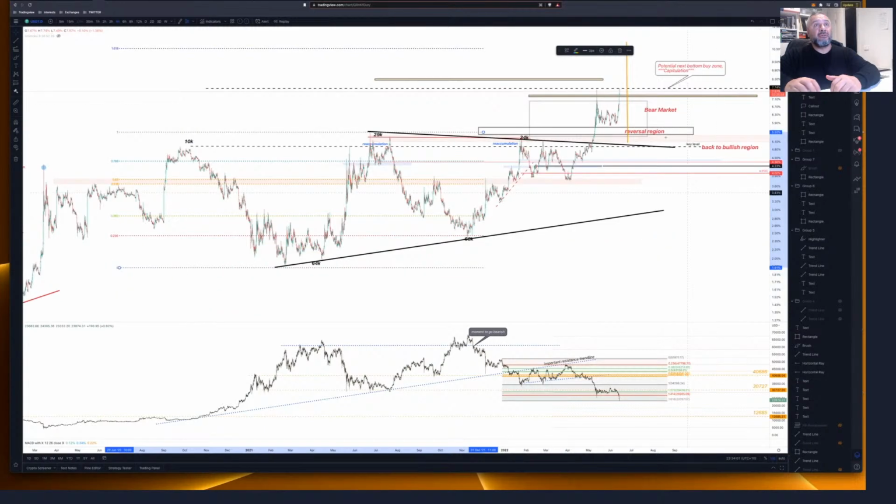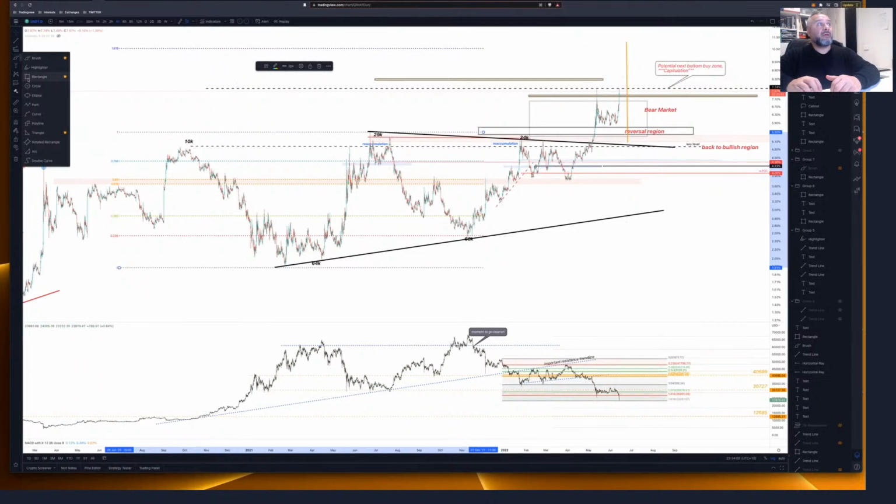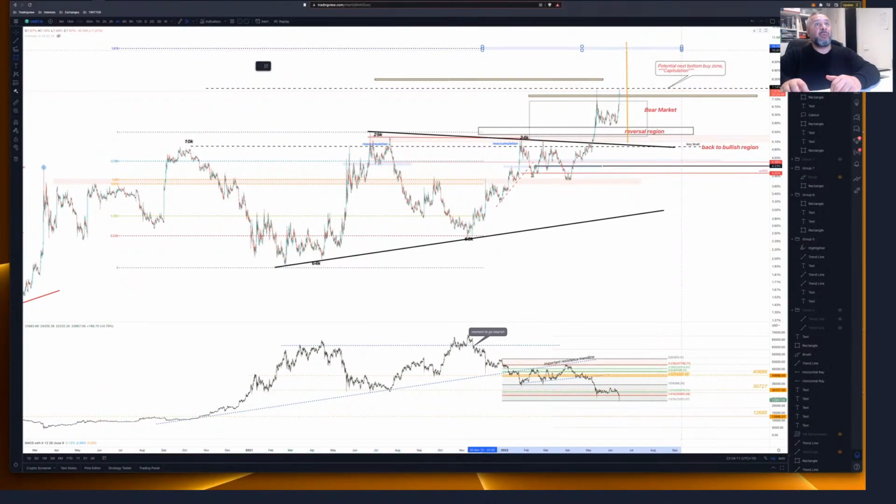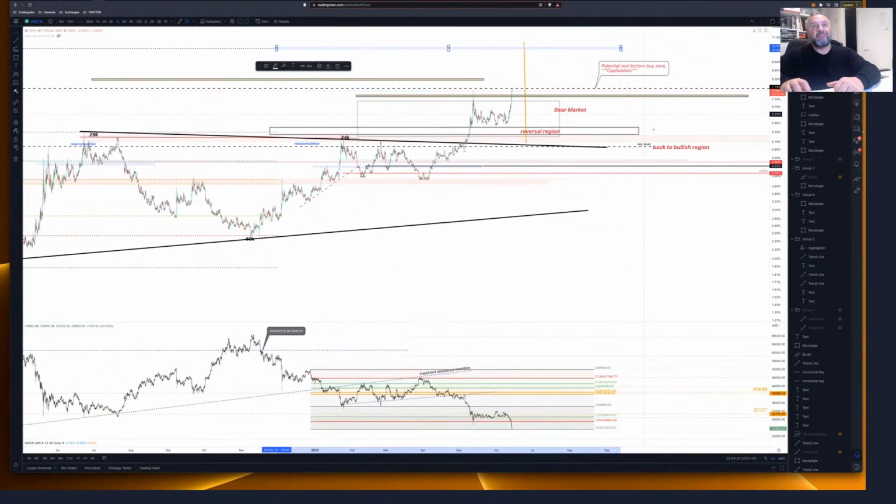If I turn the log setting on, you can see the 1.618 equals roughly the end of the bear market, like the bottom. I'm thinking that way. Yes, so I think this is going to be resistance. I think it's going to come back, but you want to watch it. So if we look at it, where are the indicators? Oh, here we go.